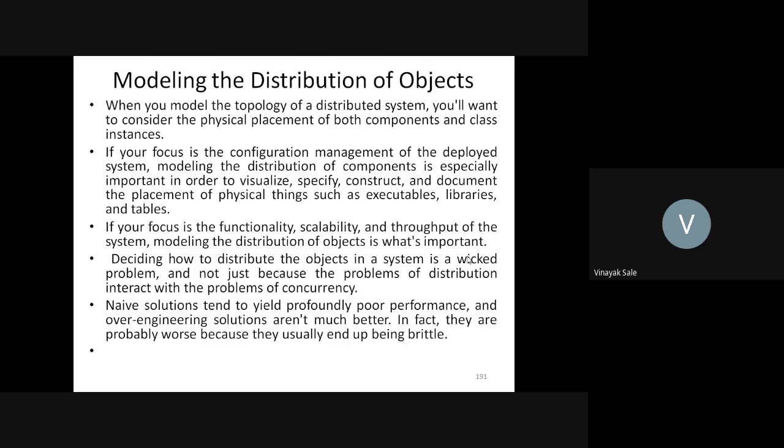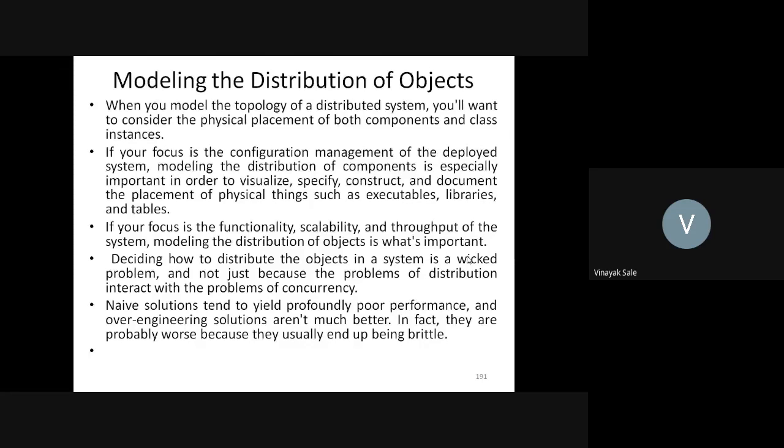If you focus on the configuration management of a deployed system, modeling the distribution of components is especially important in order to visualize, specify, construct, and document the placement of physical things such as executables, libraries, and tables. If your focus is functionality, scalability, and throughput of the system, modeling the distribution of objects is what brings improvement.